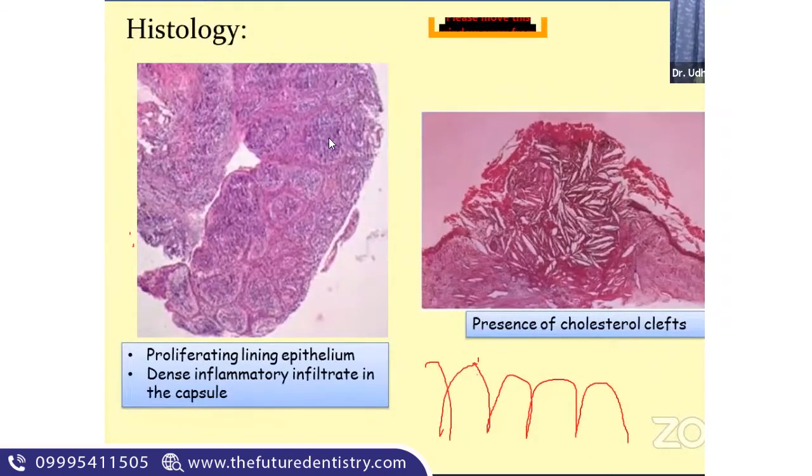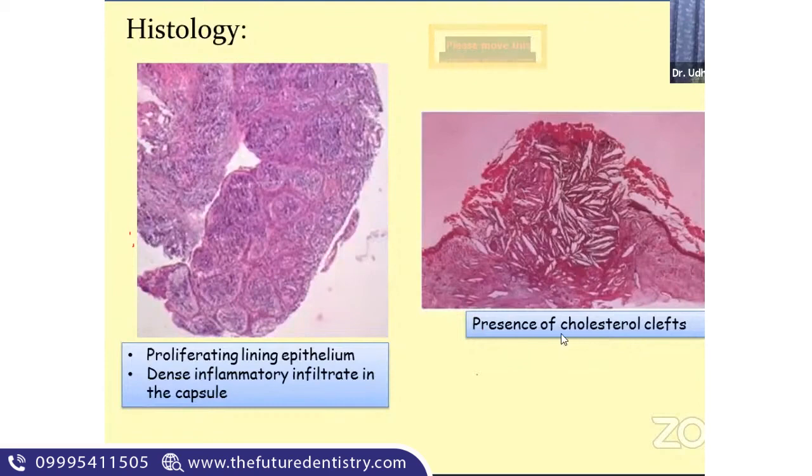When a lot of cell death occurs, the cell membrane discharges its lipid and cholesterol contents into the capsule, as a result of which you will find these empty rhomboidal spaces within the matrix, which are called cholesterol clefts. This is basically cholesterol from the cell membrane of lysed RBCs or lysed host cells. So this is what you find here: arcading pattern, dense inflammatory cell infiltrate, and cholesterol clefts. Okay.